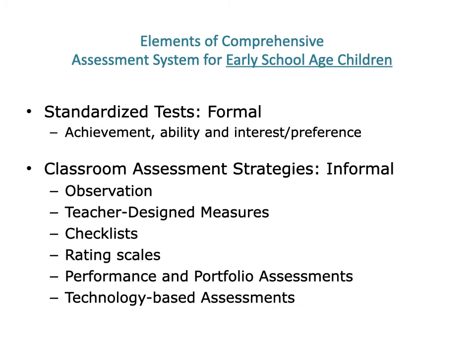Other informal assessments include observation and teacher-designed measures, where a teacher can request concrete tasks to complete or provide oral questions to answer, like a quiz. A checklist is a list of learning objectives for an area of learning and development at a particular age, grade level, and content area. A rating scale is similar, but it has a scale or level.